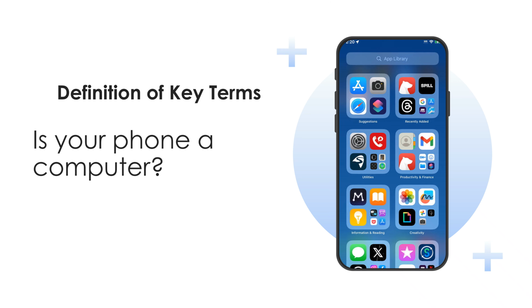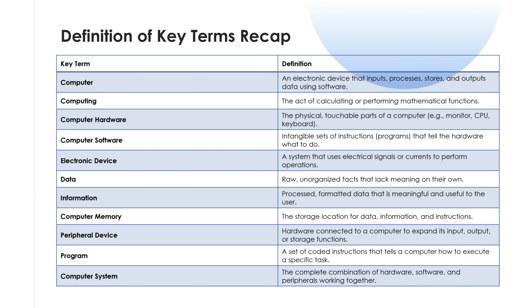So let's quickly recap before we move on. We talked about computing, hardware, software, electronic device, data, information, memory, peripheral devices, programs, and the computer system. Those are 11 terms, and notice how they connect.